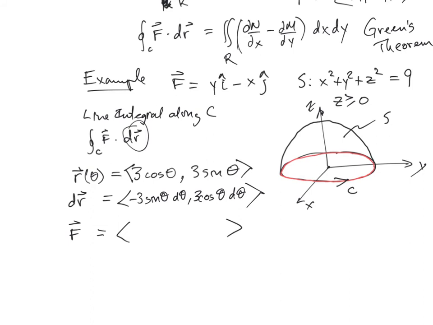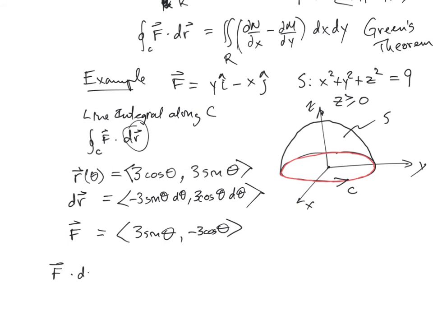Okay, I need y here. Y is equal to 3 sine theta. And now I need negative x, and x is equal to 3 cos theta, so I have negative 3 cos theta.